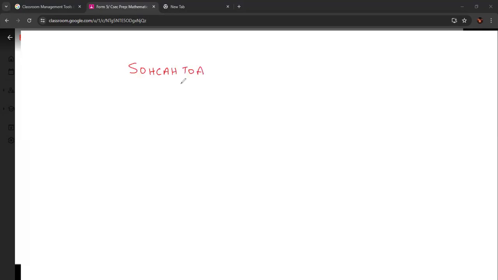Now, SOHCAHTOA is simply a term used to help remember the 3 ratios of sine. Right, so sine, the SOH means sine is equal to opposite over hypotenuse. CAH, that's going to be cosine. So that's cos is equal to adjacent over the hypotenuse.